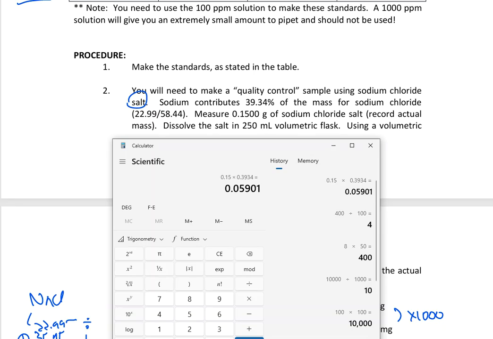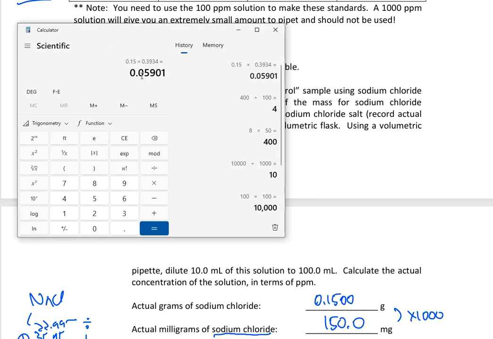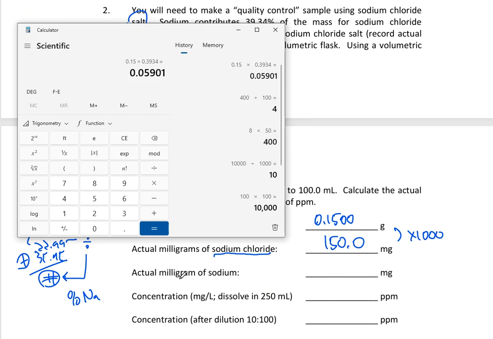So 0.15 is actually the number for gram, and this would be 0.059 gram, all right? So you can do it that way. Or because the question says the actual milligrams of sodium, I probably need to use milligrams instead. So I'm going to take 150, and then I'm going to multiply that because it's 150 milligrams.